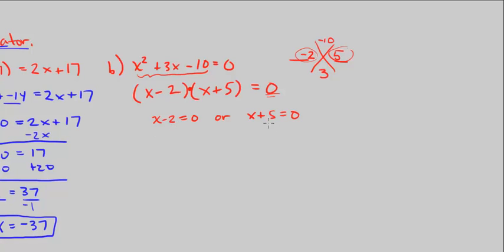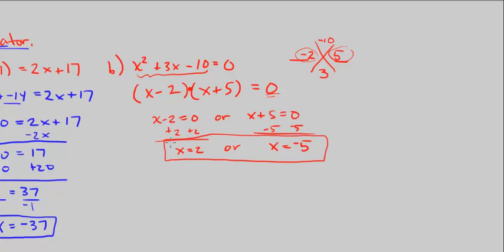So now that we have these two small equations, we can just solve for x. Add 2 to both sides, x equals 2, or subtract 5 from both sides, x equals negative 5. Okay, and that is our answer for part B. We have two possible answers, x being 2 or x being negative 5.